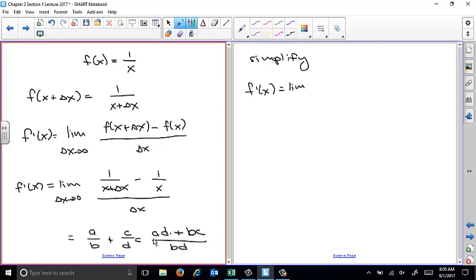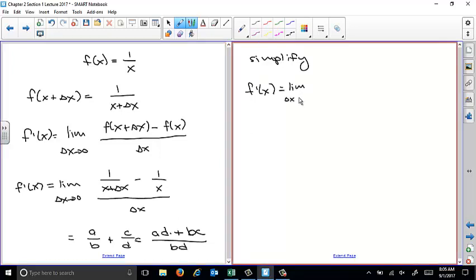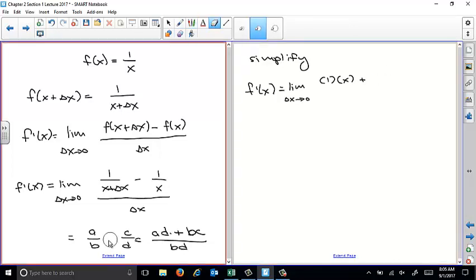It's the same as finding a common denominator, and that works if you have two fractions. In our case, A is 1, so you get 1 times D, which is x plus delta x. Actually, we're subtracting here, so let's put a subtraction in there, so there's a negative sign right there.